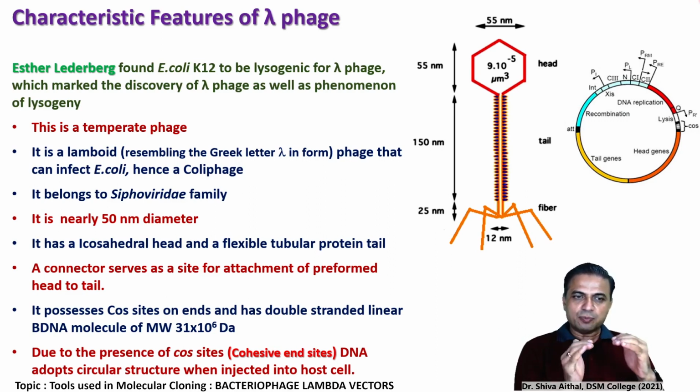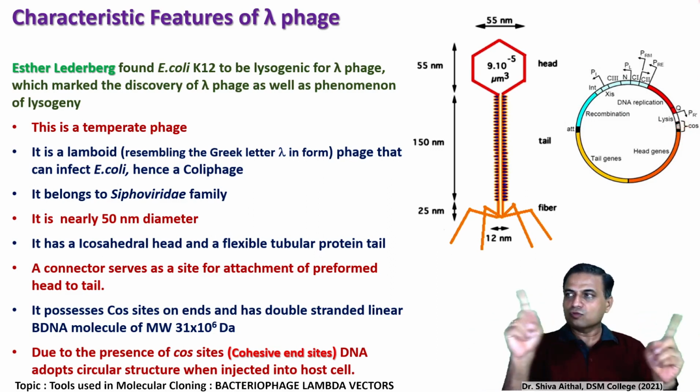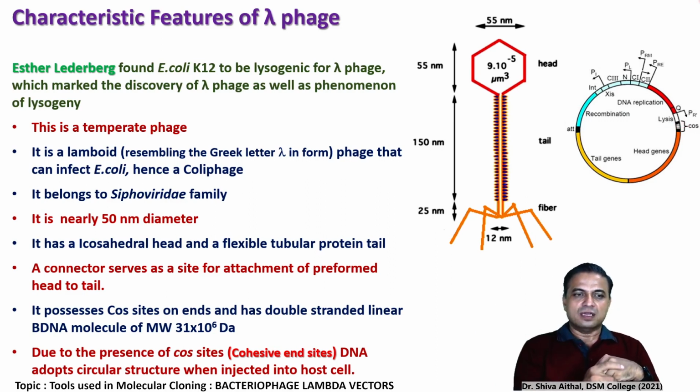Here, it possesses cos sites at the ends. If it is cut in the middle of the cos site, it becomes a linear DNA, and at the two ends of this linear DNA, both will have cos sites. Its molecular weight is around 31 x 10^6 Dalton. As it is a nucleoproteinaceous structure, the protein is of that dimension.